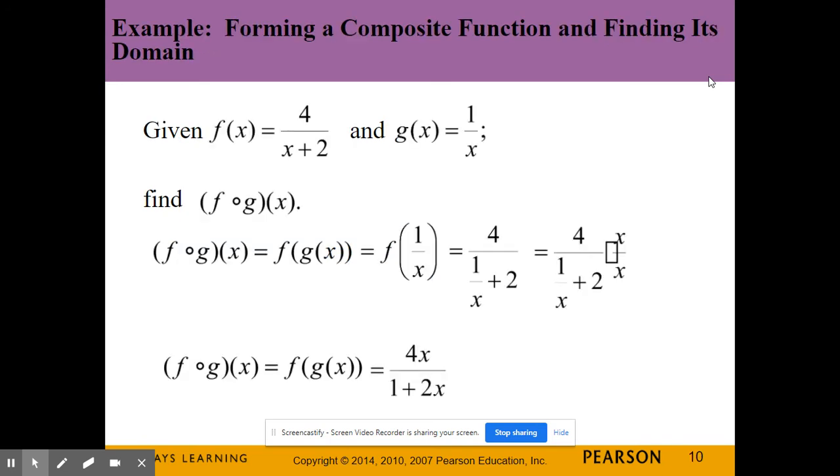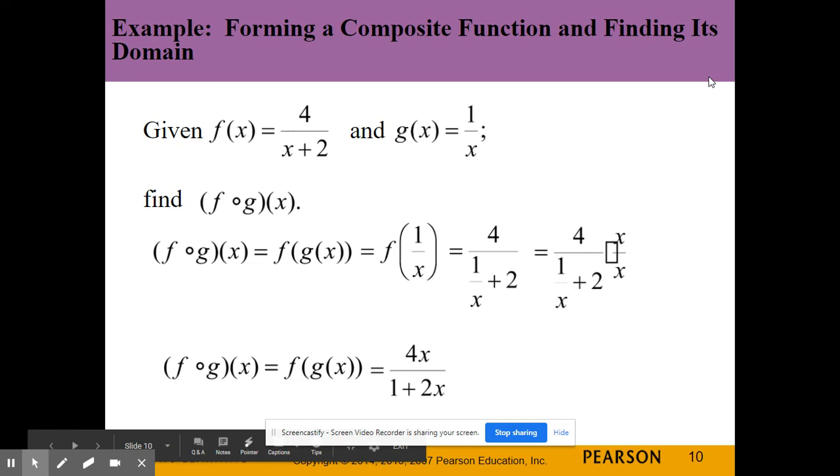Here you have two functions, f and g. You're also, again, doing f of g, meaning g goes inside f. So here we're looking at the g function going inside the f function. What you end up with is 4x over 1 plus 2x.